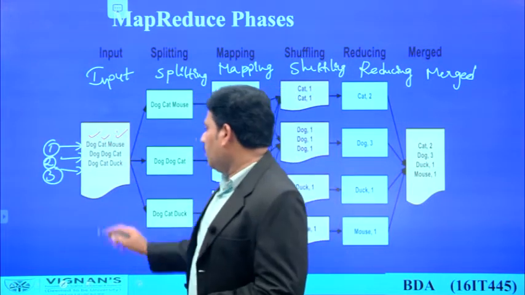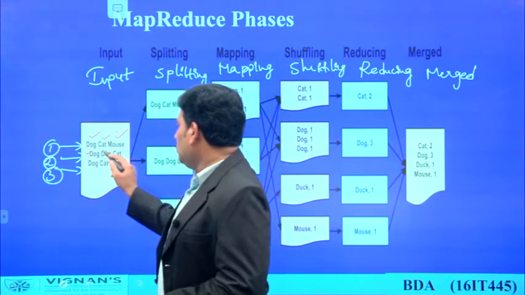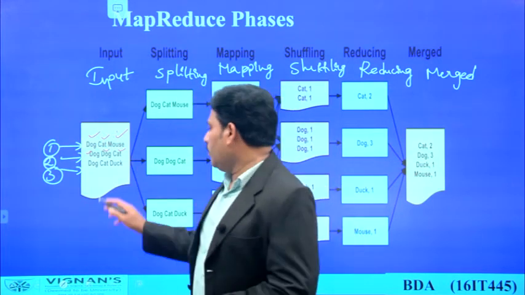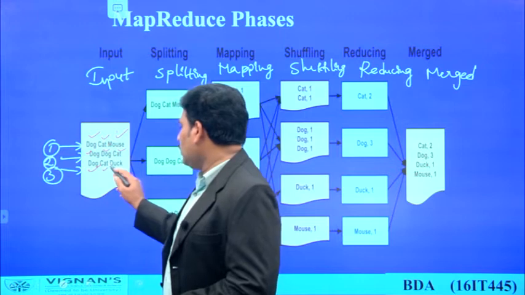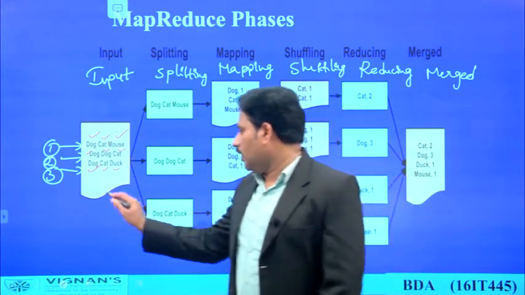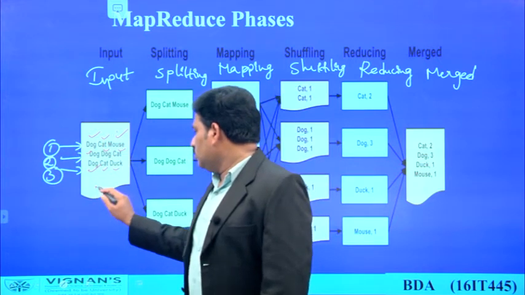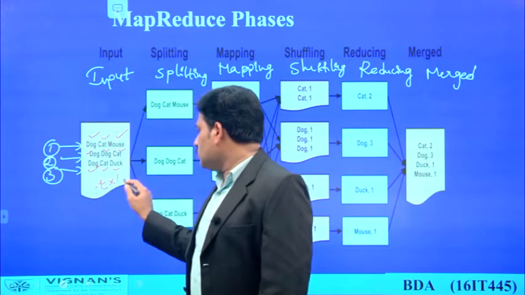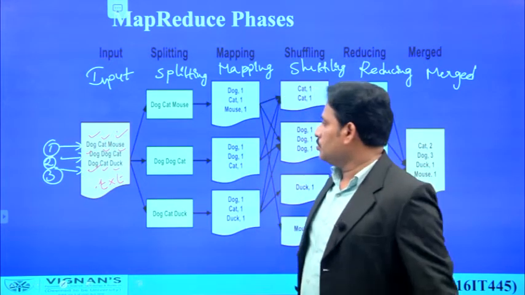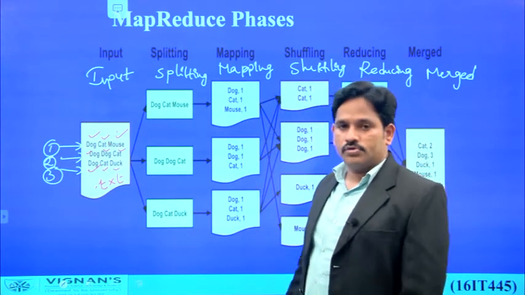In the second line we have dog, again the word dog, and cat. In the third line we have 3 more words: dog, cat and duck. This is a .txt file we are having. This txt file will act as an input to the MapReduce module.